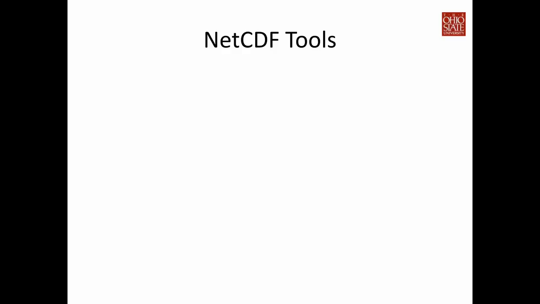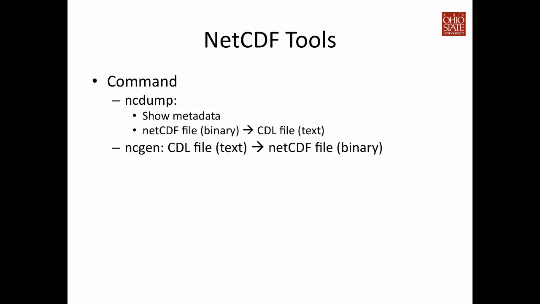Also, after you install NetCDF, you're going to find there are a bunch of tools for you. For example, a NetCDF file is defined as binary. If you want to see the content of the file, you can run a program that should be installed with your NetCDF package called ncdump. ncdump converts a binary NetCDF file into a text-oriented CDL file.